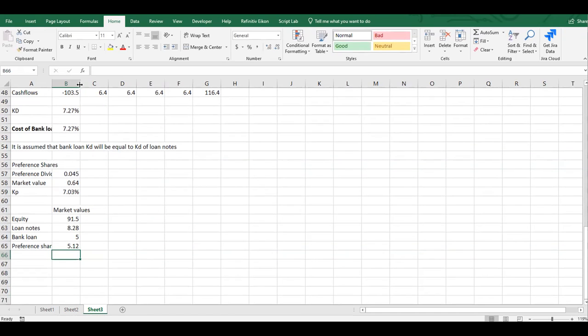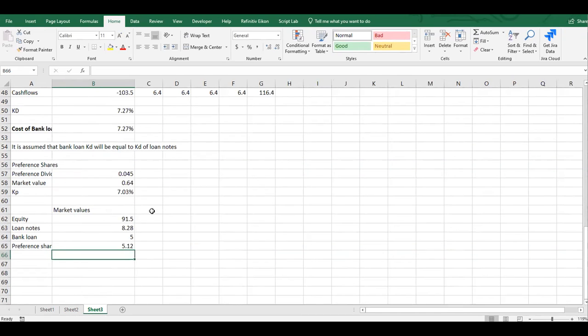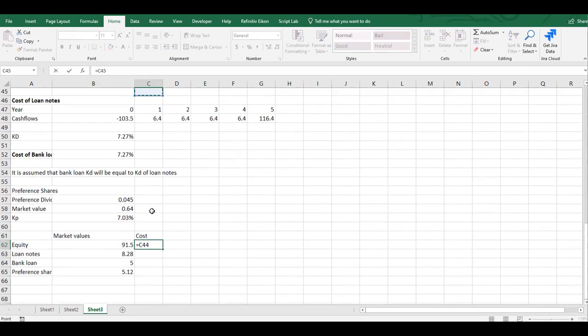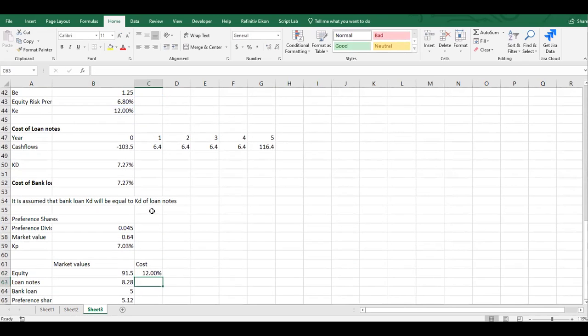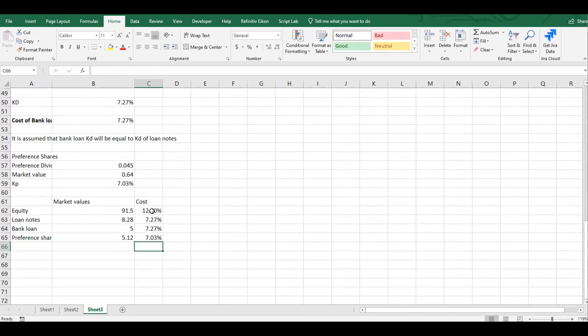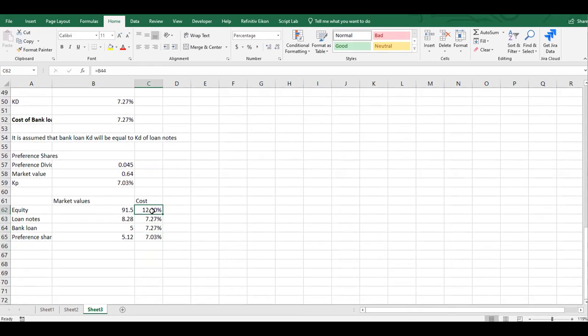Now write the cost. Cost of equity is 12%. Copy it. Loan note cost is 7.27%. Bank loan cost is 7.27. KP is 7.03. Now multiply cost with the market value.